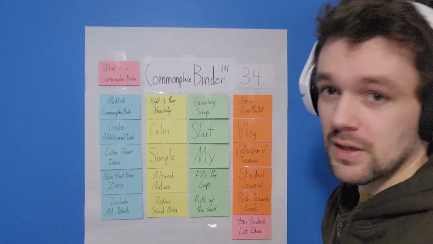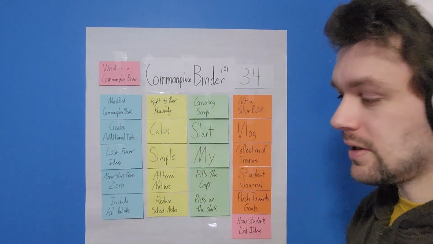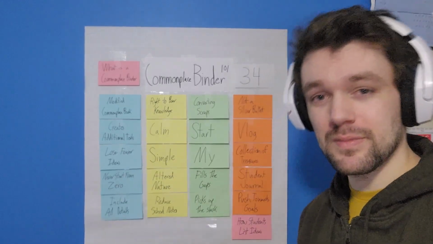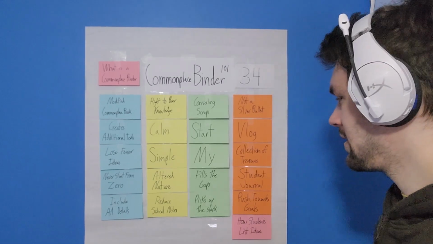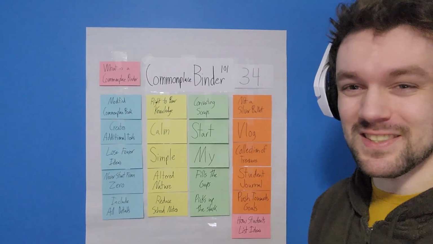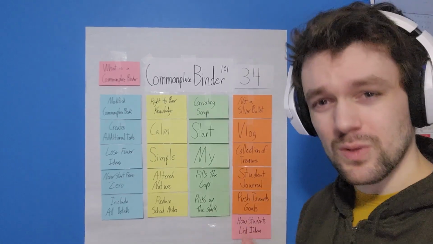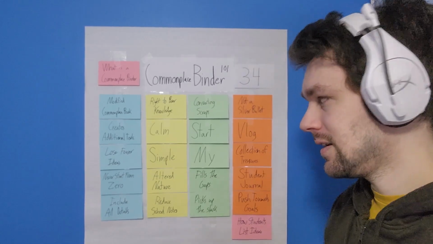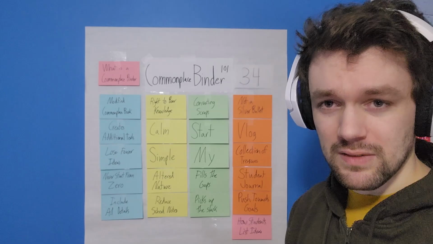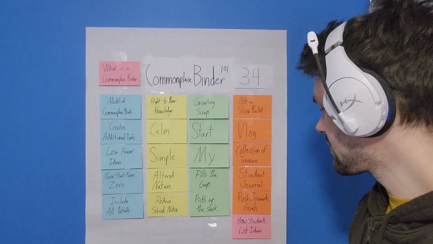Student journal. What student is going to journal in this if it's part of school? Probably none of them. No, I'm sure there's always one person that's going to do it. There's always one person that does everything, which is always very silly. But yeah, if this is for middle schoolers, I don't expect middle schoolers to write down all of their thoughts and feelings and emotions and stories and then share them with every single classmate and teacher. That seems kind of insane.